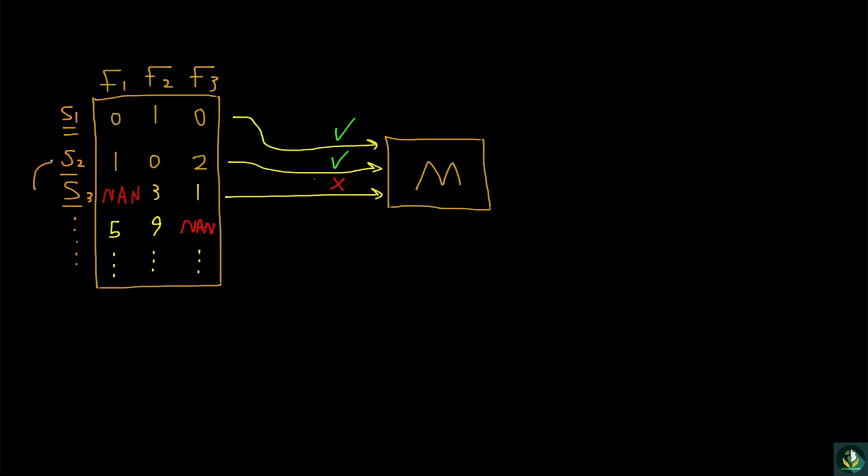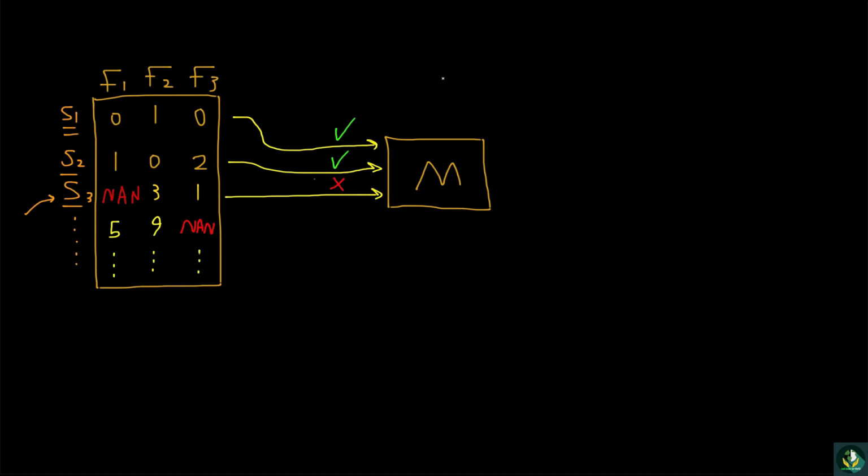Let's move to the second sample in our dataset. When we pass this sample through our model, it will accept it without any problem. Why? Because we don't have any missing values in the features of this sample. Let's move to the third sample in our dataset.